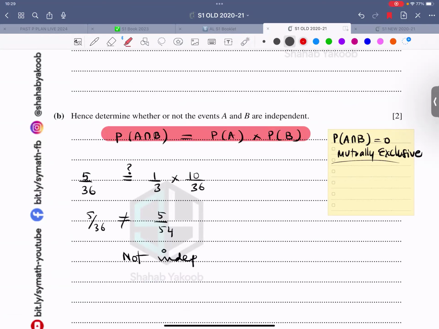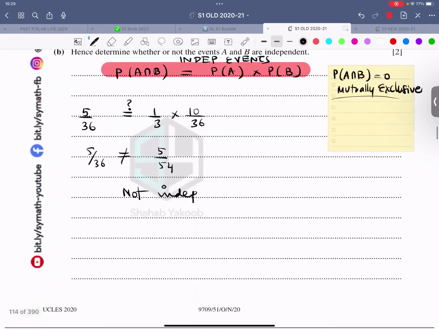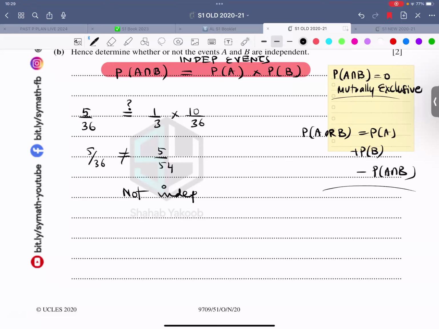That is probability of A intersection B should equal probability of A into probability of B. And yes, there is also another formula which is used very rarely. That is probability of A or B is probability of A plus probability of B minus probability of A intersection B. I hope you remember a question that was about kids and cops, something like that. That knowledge was used over there.